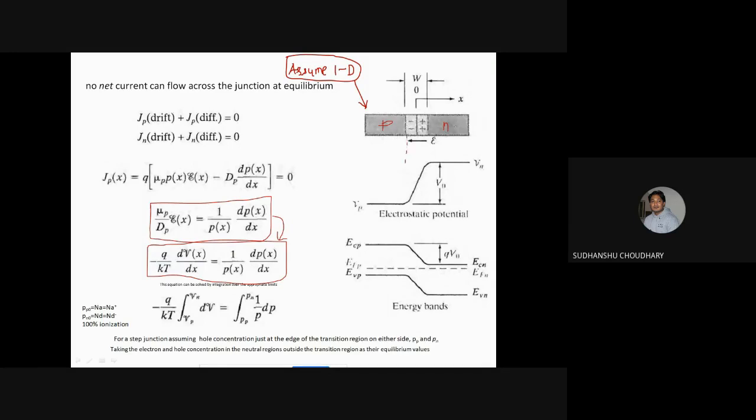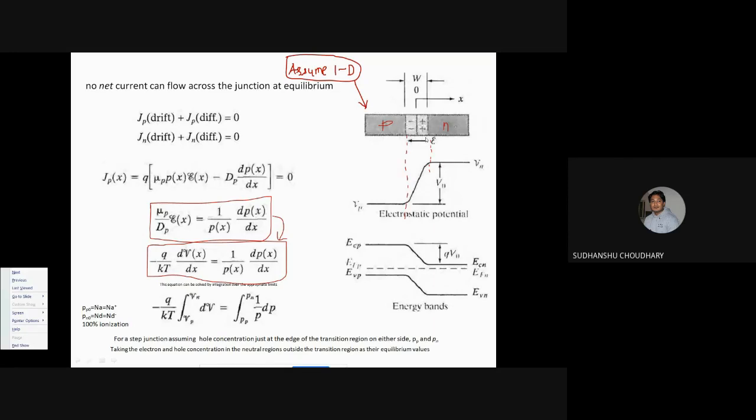So this variation in potential is only due to the electric field existing in this region. So d by dx of V(x) here represents the V(x) variation with x in this transition region.